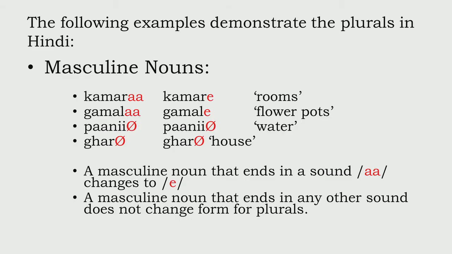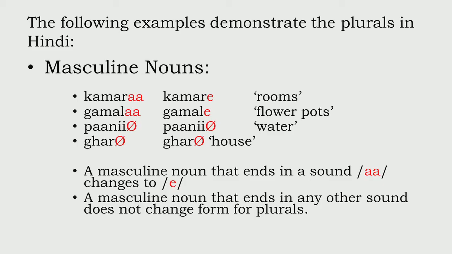Let's look at a set of masculine nouns, a few examples from Hindi. We have a word like kamara, which means a room. Please pay attention to the plural counterpart of this word. It is kamare. What's the difference between these two words?